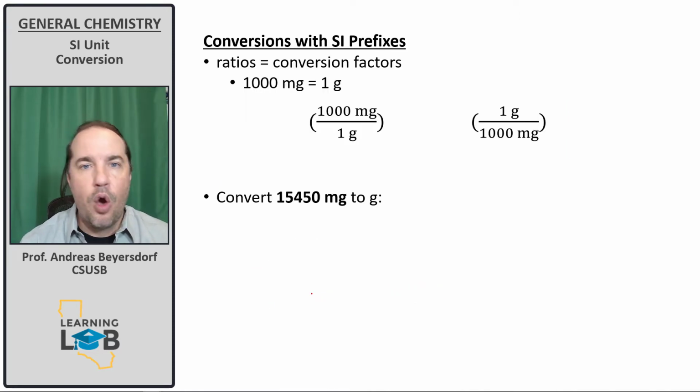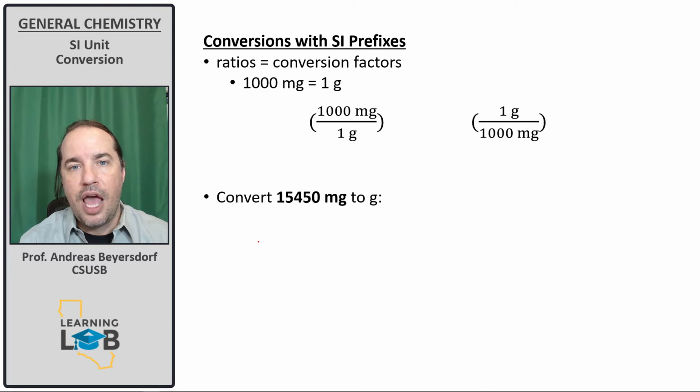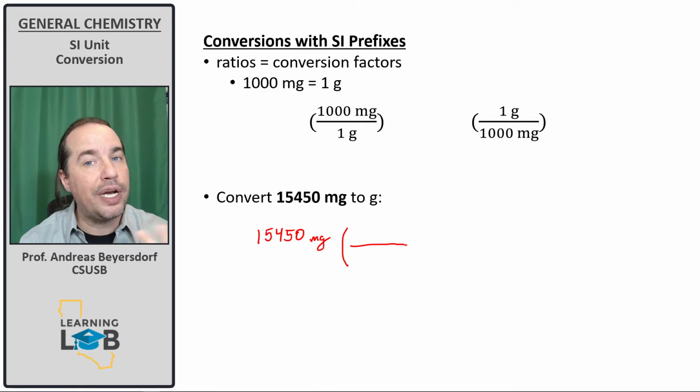So let's say we have 15,450 milligrams and we want to go to grams. Well, we can use one of these conversion factors. The key thing is that whatever we use, we want to make sure that the milligrams cancel out because we want to get to grams.